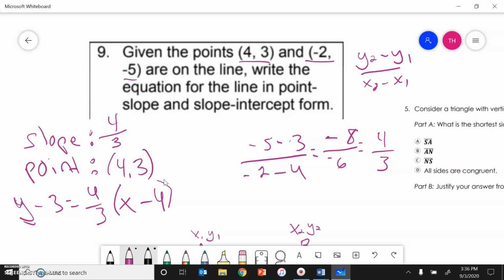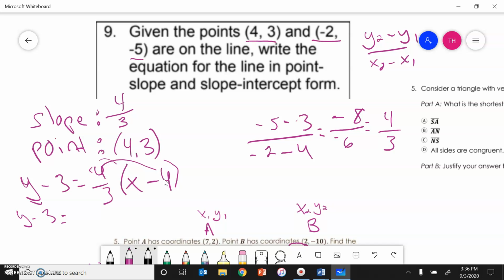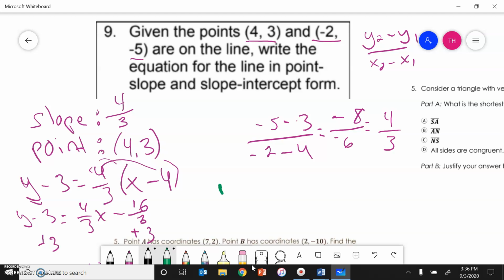And then if we simplify that and get it to say y equals something, then it would be in slope-intercept form. So when I distribute that, I get y minus 3 equals 4 over 3x minus 16 over 3. And then I'm going to add this 3 to the other side. And then I end up with y equals 4 over 3x minus 16 over 3 plus 3.